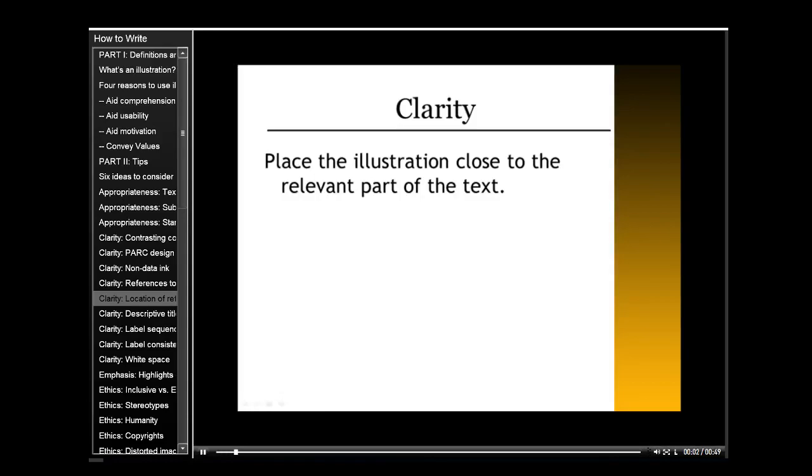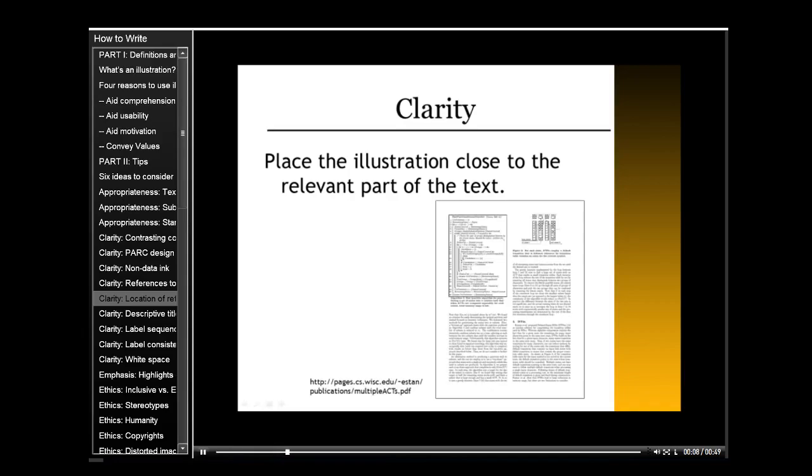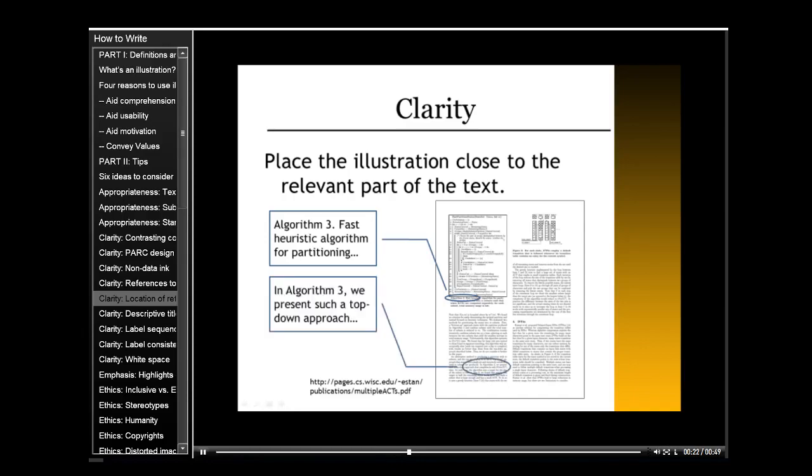You also want to place illustrations close to relevant parts of the text. Here's an example of kind of what we were talking about before. In this case, we've got an algorithm up at top, and we've got some text talking about the algorithm. The caption says, fast heuristic algorithm partitioning, and in the text later, it says, in algorithm 3, we present such a top-down approach.